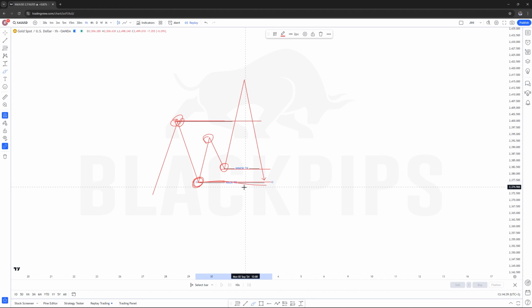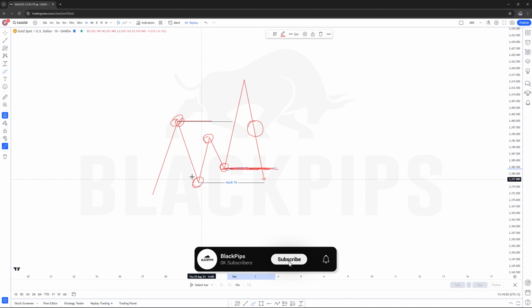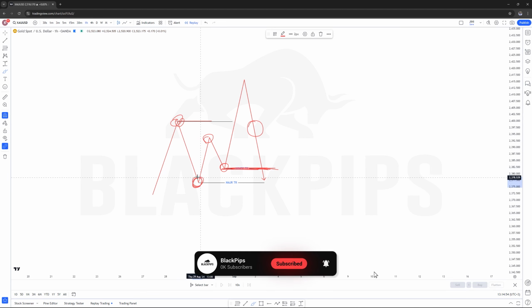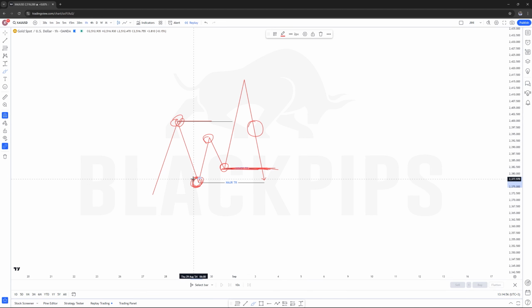Sometimes those people fail to take some trades after this transition here because they want to see the market close below this one.